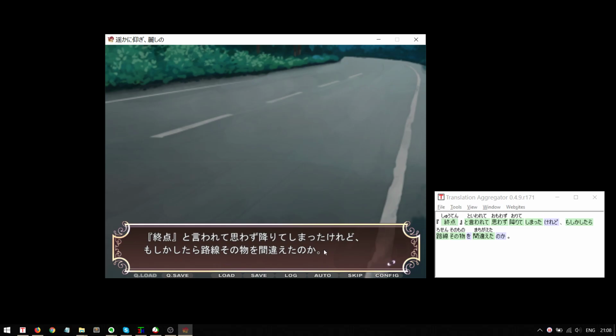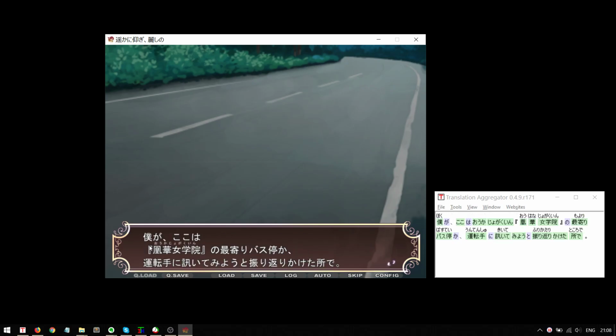を間違えたのか。僕がここは桜花女学園の最寄りバス停か運転手に聞いてみようと振りかけたところで.